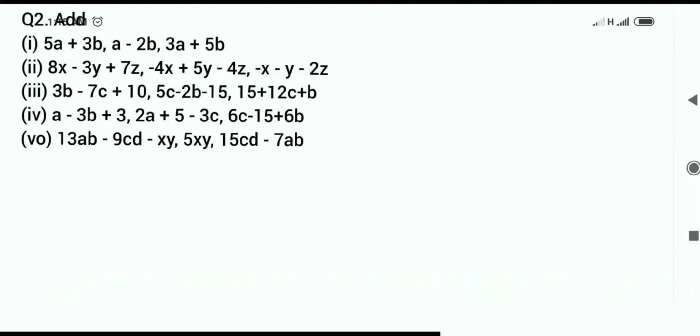And in addition, there is no change in the sign of any values, therefore we can simply give an addition sign and calculate the variables.